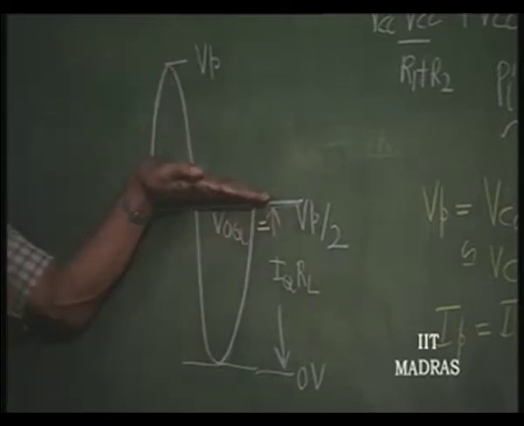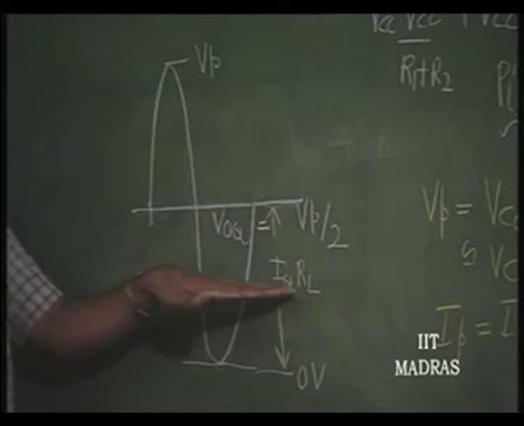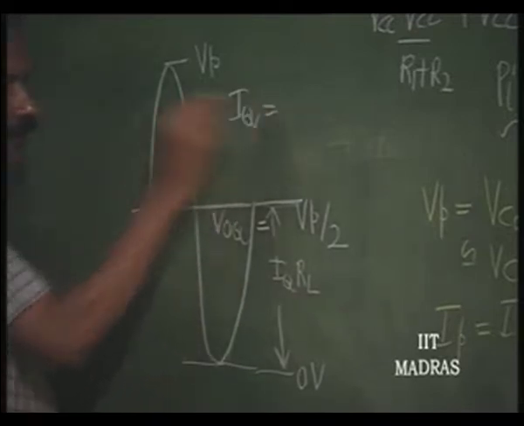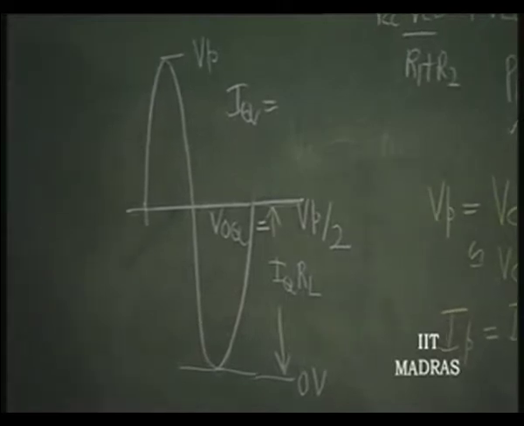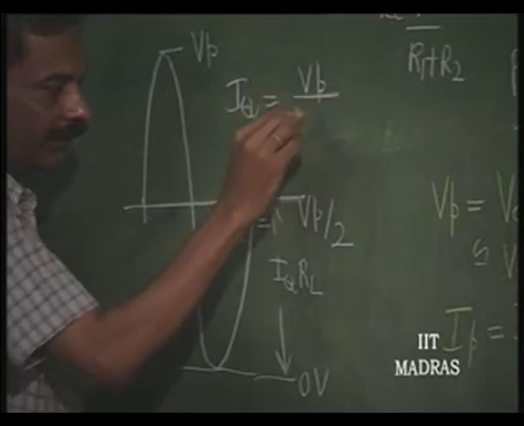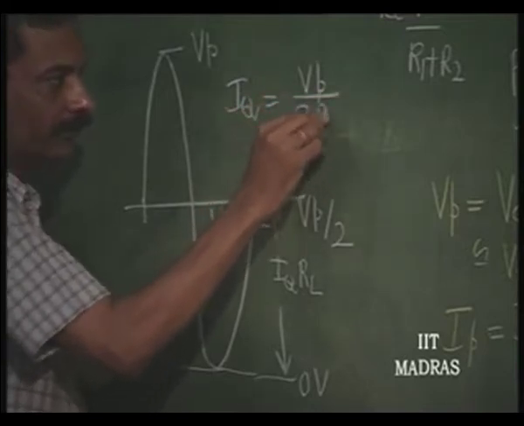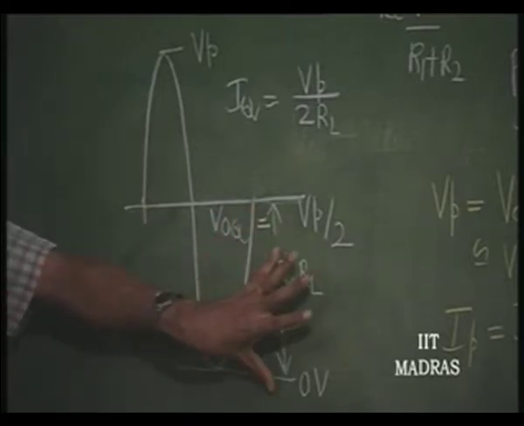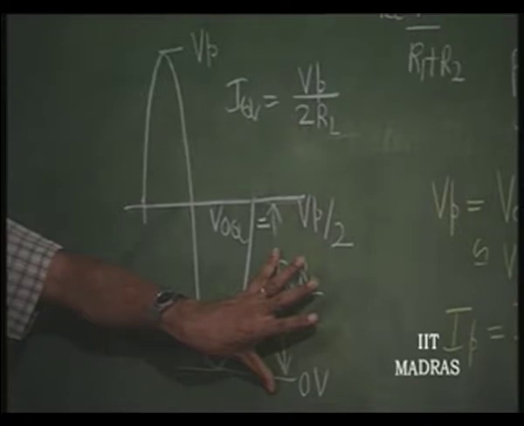So, if V naught q is Vp by 2 and IQ RL is equal to that, so I quiescent is already fixed for the best operation as Vp by 2 divided by RL. This is because IQ into RL is now Vp by 2.